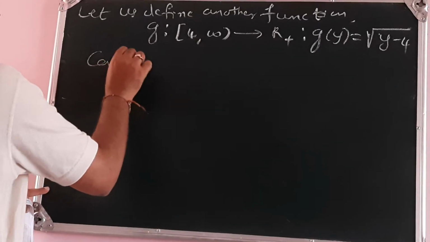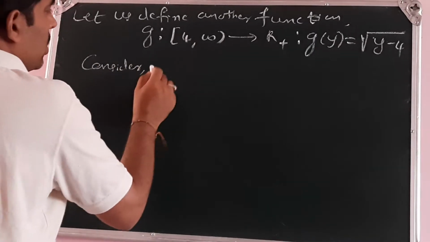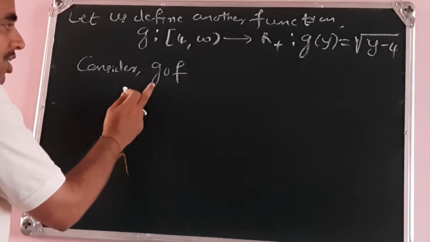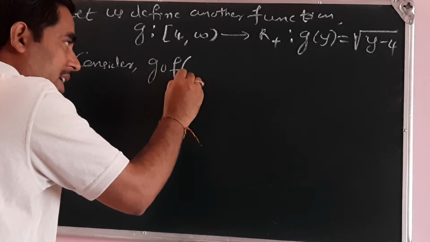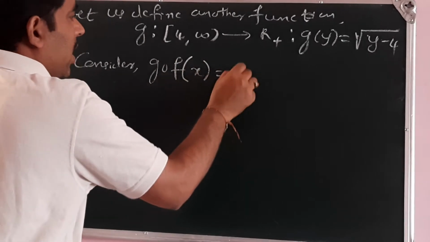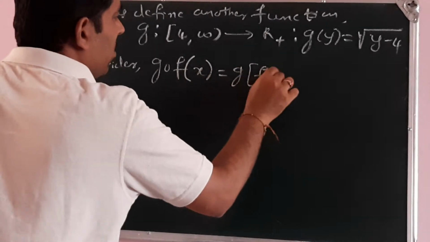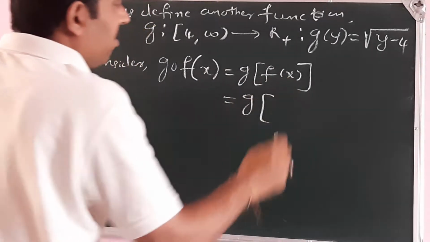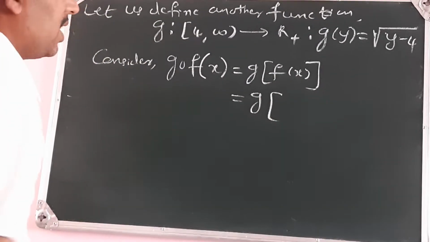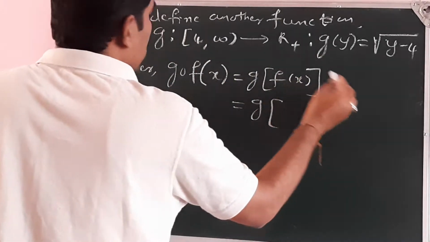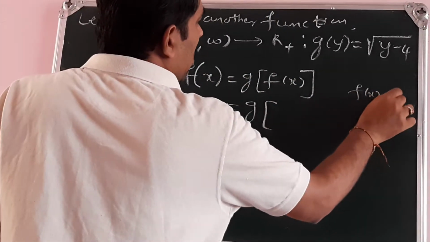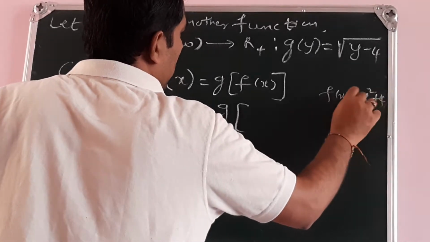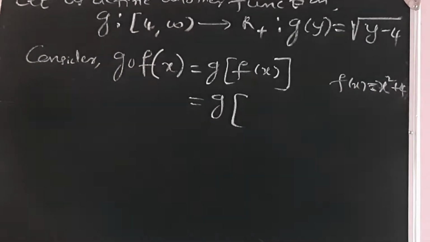Then we consider the composition of f and g. Here, the composition of f and g is written as g of f. So f means f of x. Then we calculate g of f of x, the composition of functions. So f of x means, what was our function here? Our given function was x square plus 4. f of x is equal to x square plus 4.